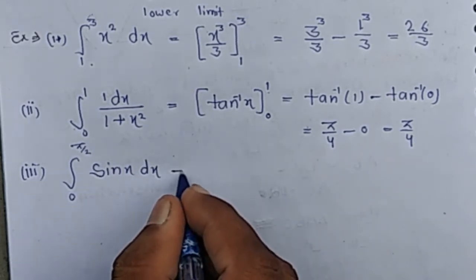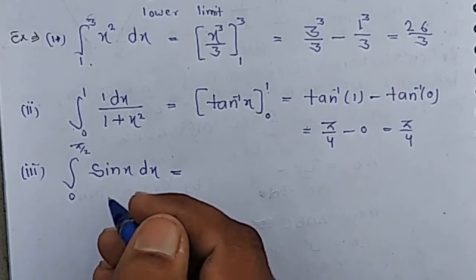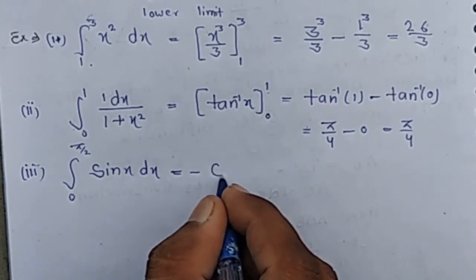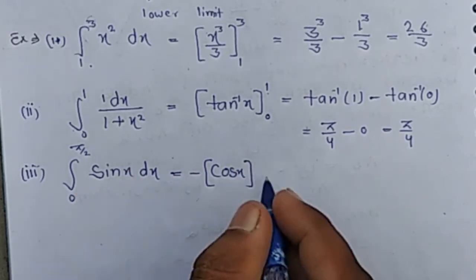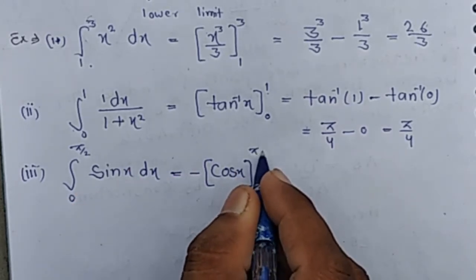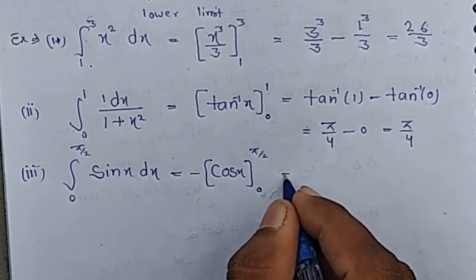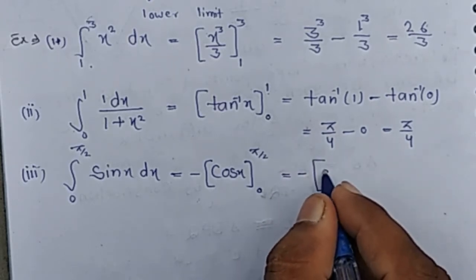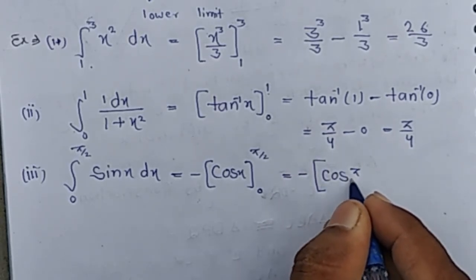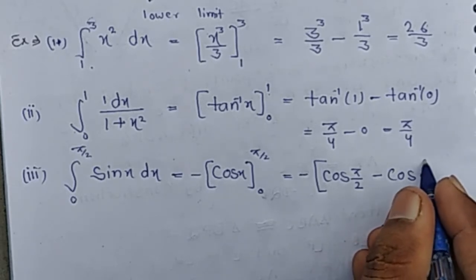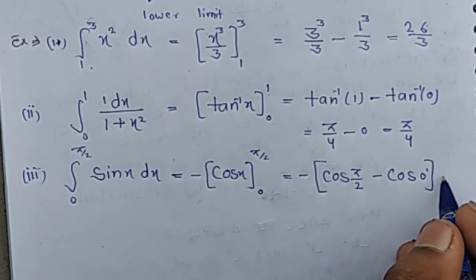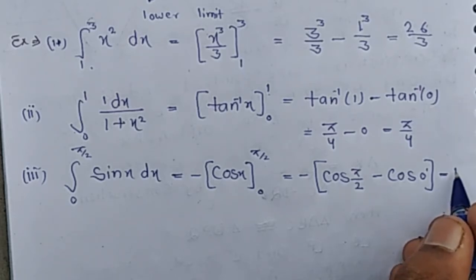Then firstly we integrate sin x, we get minus cos x. Integration of sin x is minus cos x, limit 0 to pi by 2. Put the upper limit, cos pi by 2, minus the lower limit cos 0, and the value of this term is equal to 1.